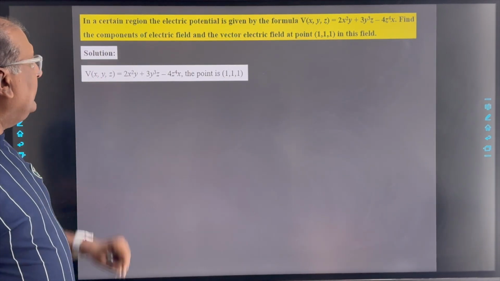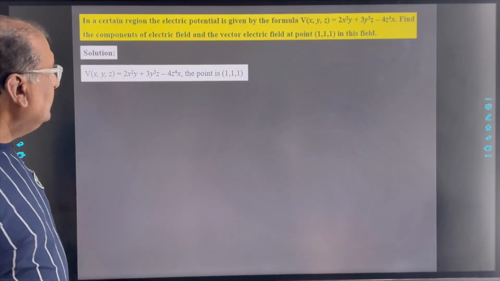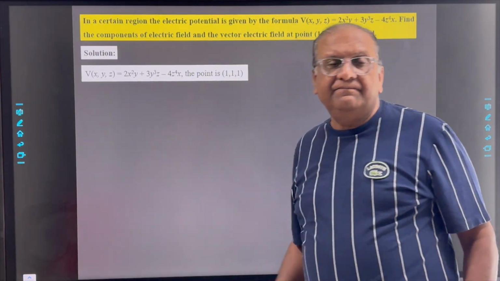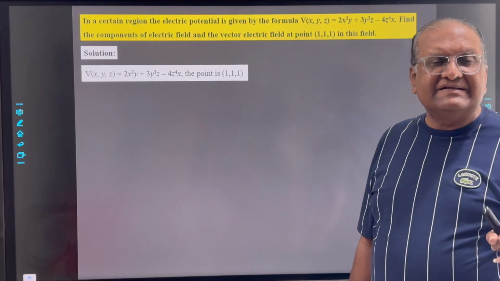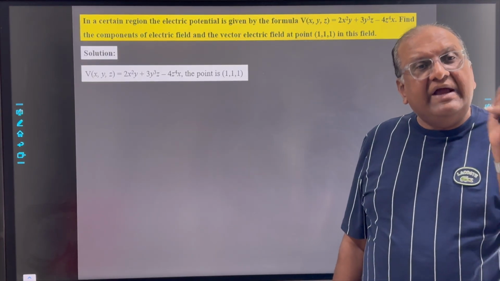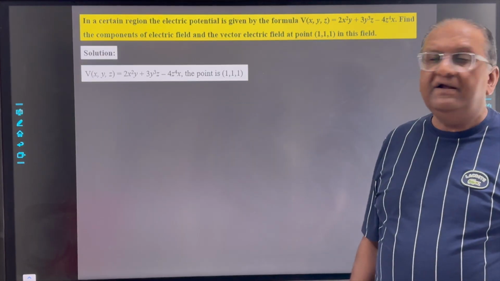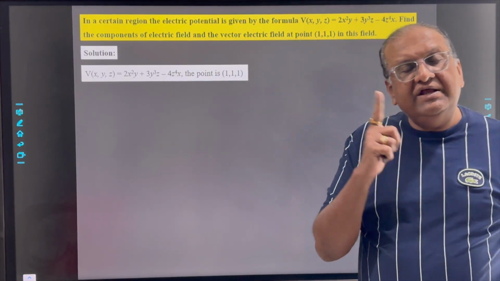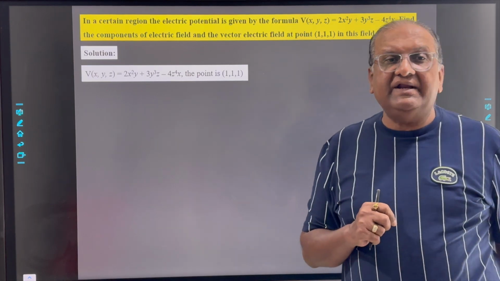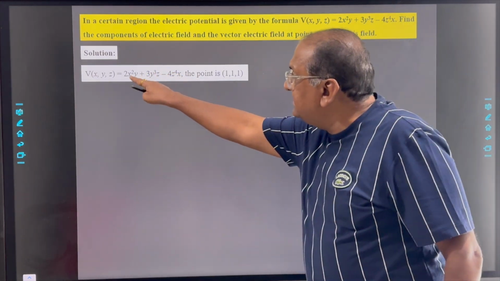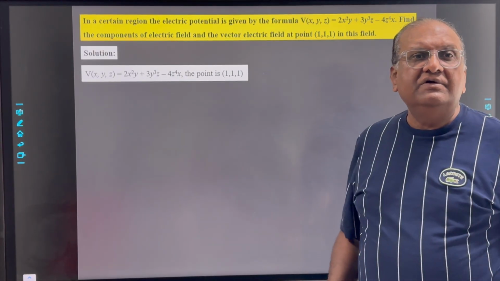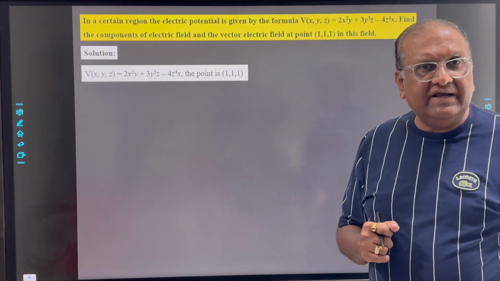Now we have to take first the components. If you differentiate V with respect to x, it will give you the x component of electric field. When you differentiate V with respect to y, it will give you the y component, and when you differentiate V with respect to z, it will give you the z component.